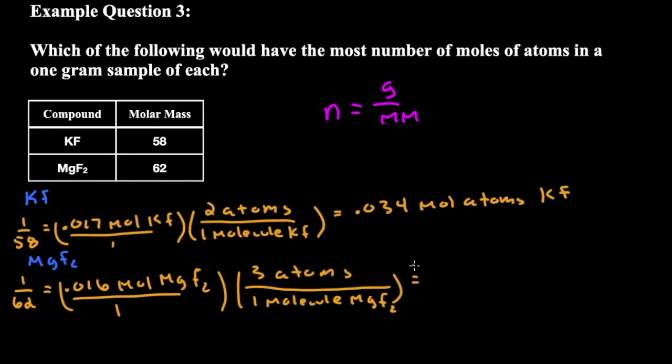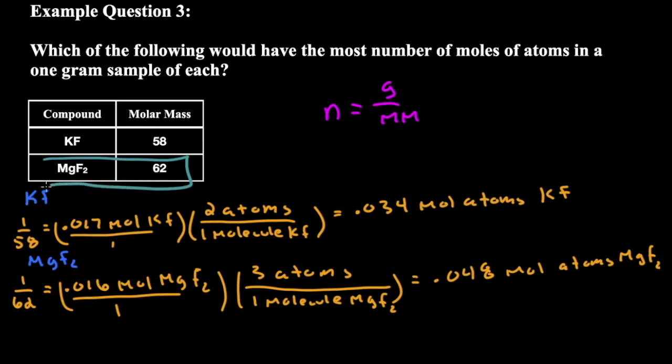So when we do this, we get 0.048 moles of atoms of MgF2. And because this one right here is going to be more, that means that the answer is going to be MgF2.